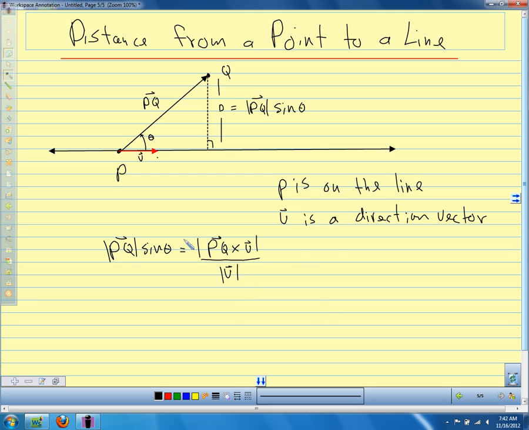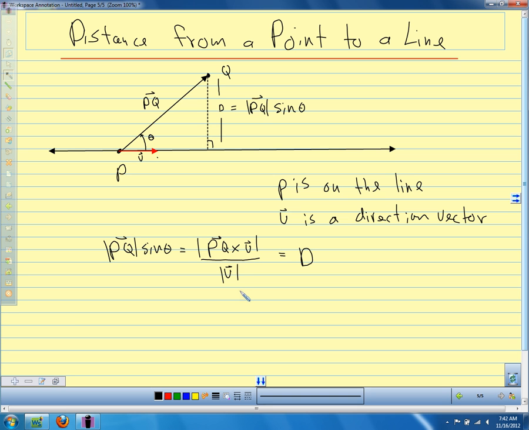So this distance equals D. So the distance between a point and a line is given by this expression, the magnitude of PQ cross U over the length of U. So that's the expression that we're looking for.